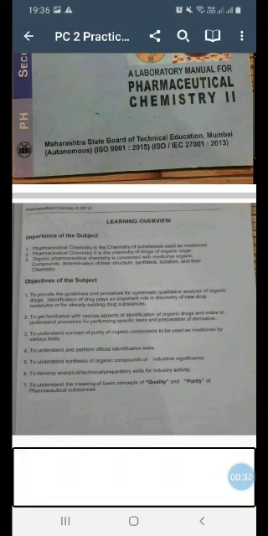Then the second experiment is to determine the melting point of the given solid organic compound. You all know that melting point, which is called a physical constant, is a characteristic property of any given organic compound, and this melting point is specific for a specific compound.